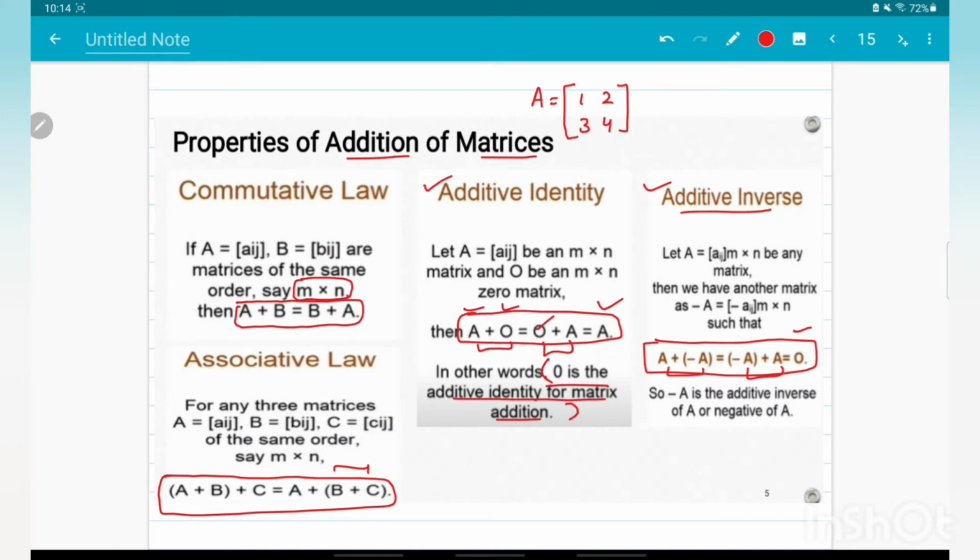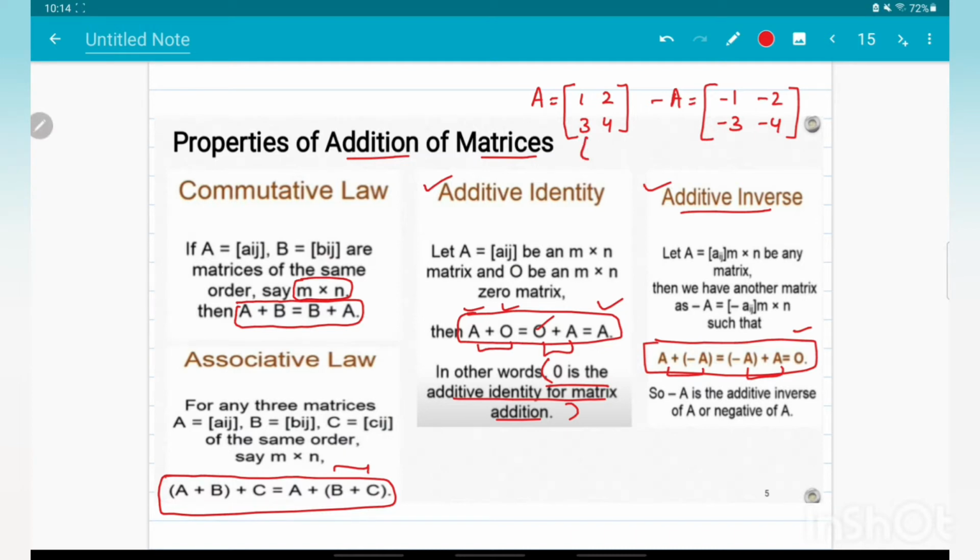Now if I want to find the negative of this matrix, suppose if I want to find minus A, I just have to multiply minus to all these elements of A, and this becomes minus 1, minus 2, minus 3 and minus 4. So I have basically multiplied that minus 1 to all the elements of that A matrix, and I've got the negative of that matrix. So this is called a negative of matrix.